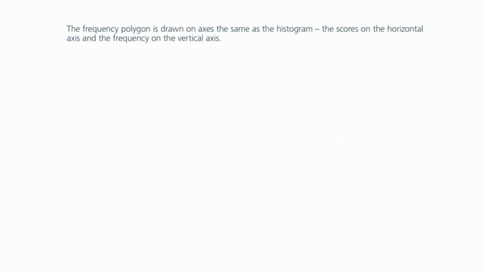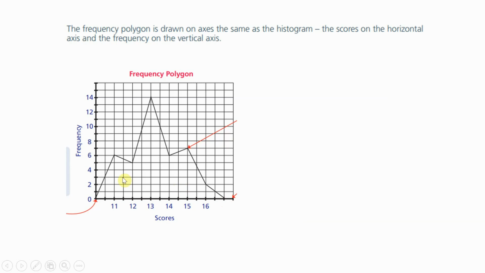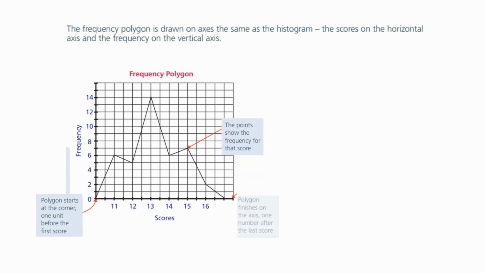Now, the frequency polygon. Same data is what we get. This time, I'll just bring up the information and we'll explain. Here we are. The polygon starts in the very bottom left-hand corner, and goes up and down according to the frequency.